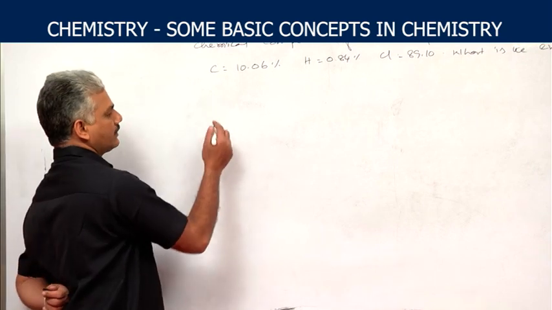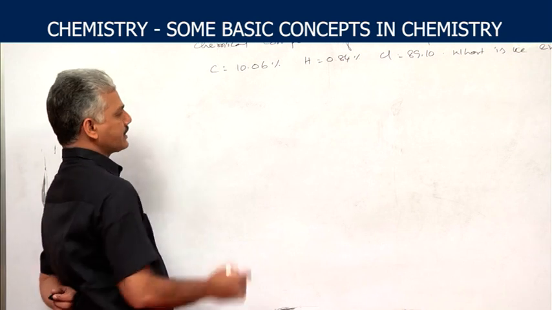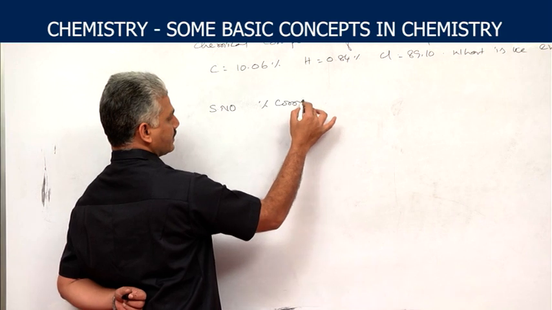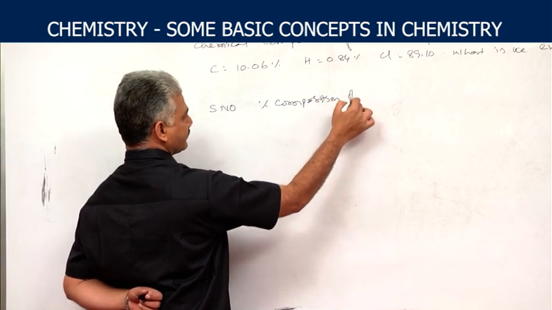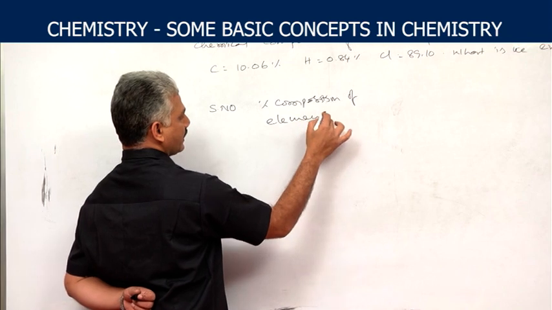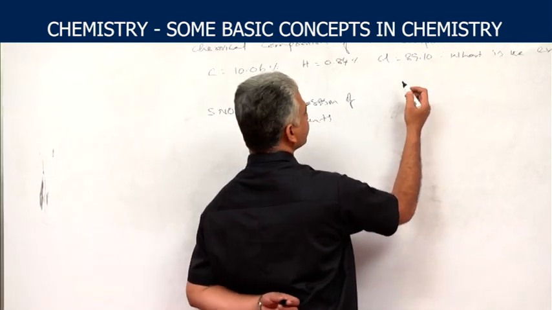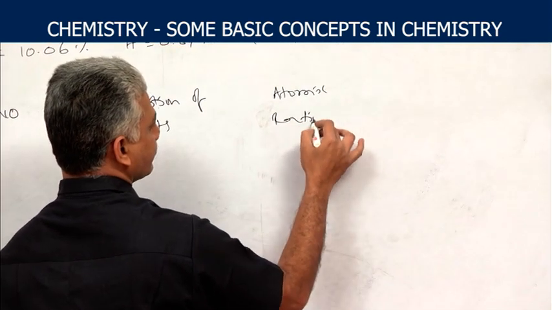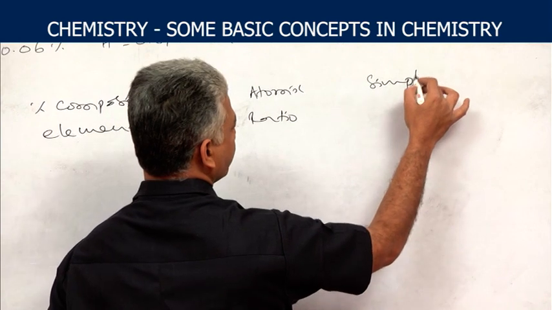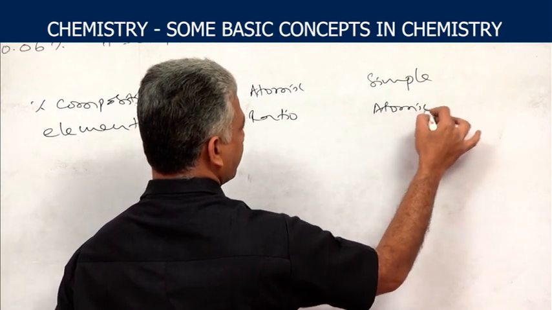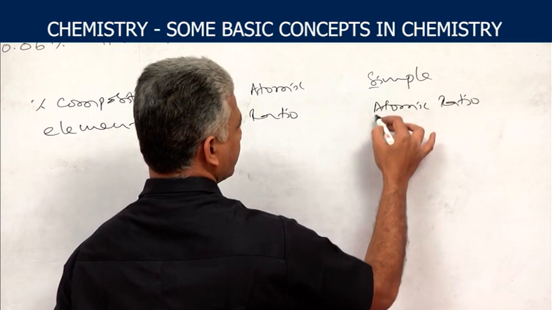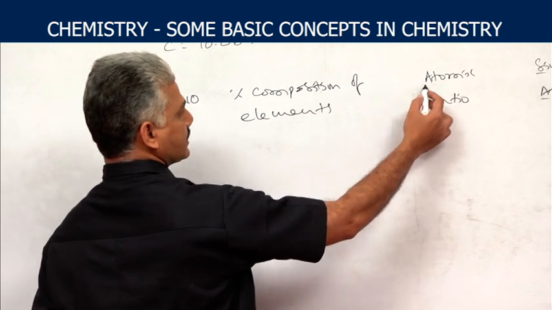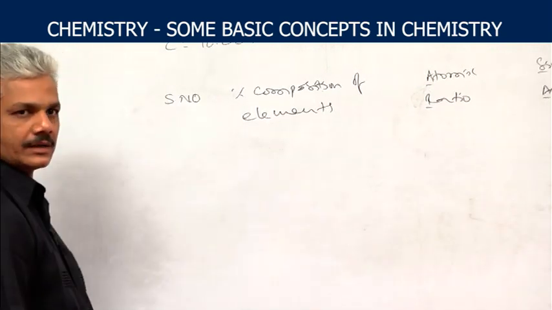Then we have to follow a standard format like this: serial number, percentage composition of elements, atomic ratio, simple atomic ratio. Simple atomic ratio in short is called as SAR. Atomic ratio in short is called as AR.